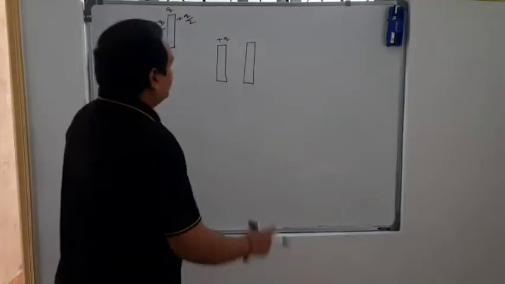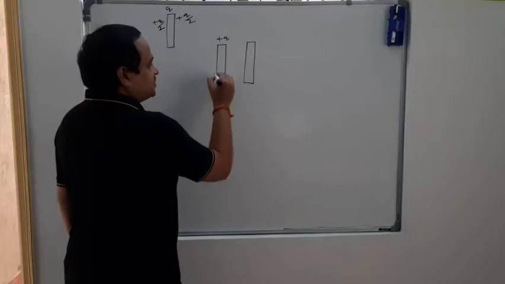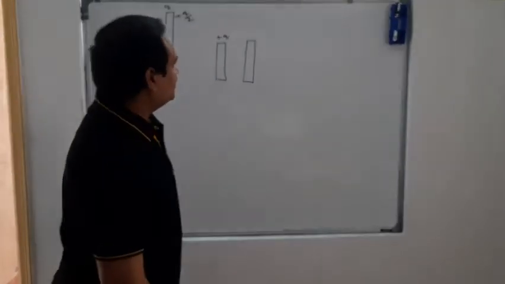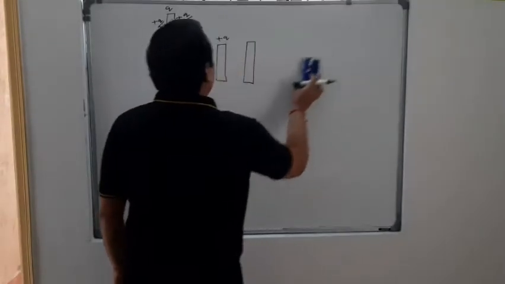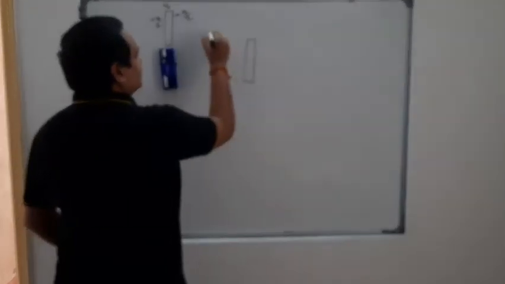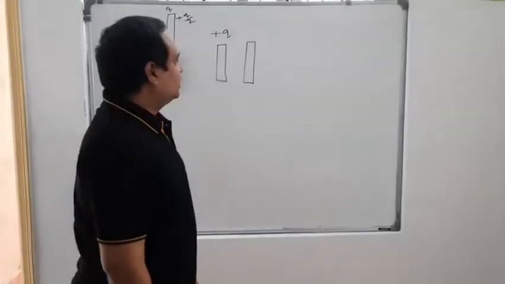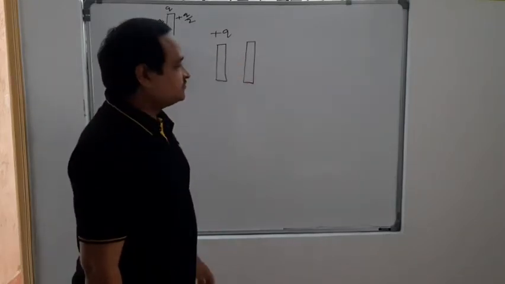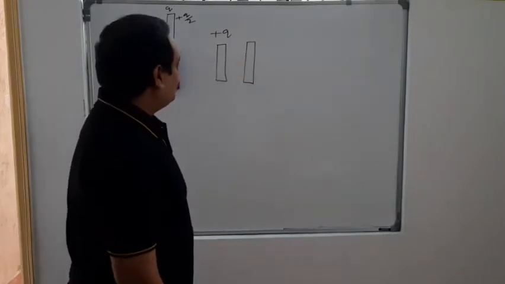See, this is a positive charged plate, and if a positive charged plate is brought closer towards a neutrally charged plate, let us see what happens.